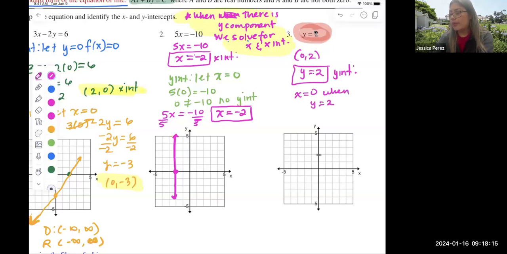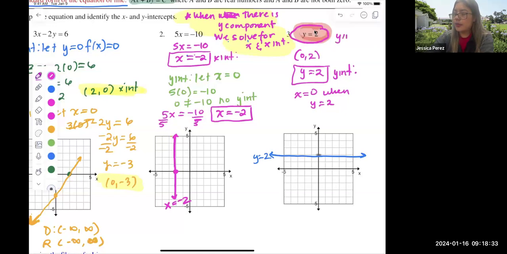So what happens when y is 0? There's no such thing as y being 0. So my equation is actually a horizontal line at y equals 2. So then this is going to be my y-intercept, and this is my x-intercept.